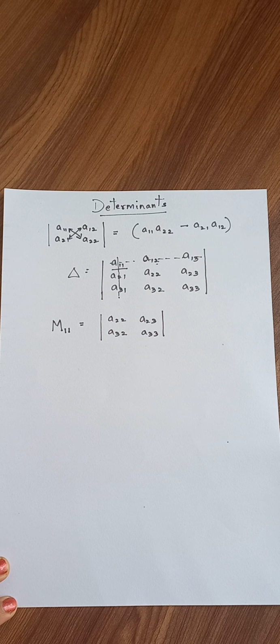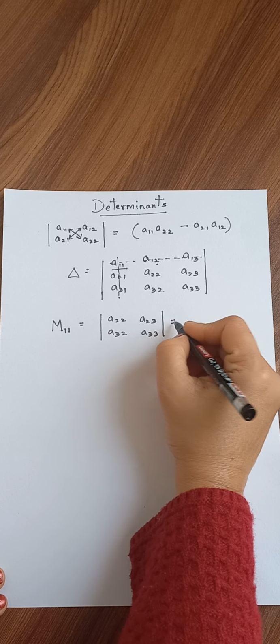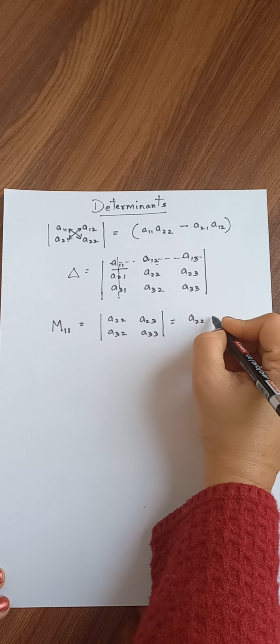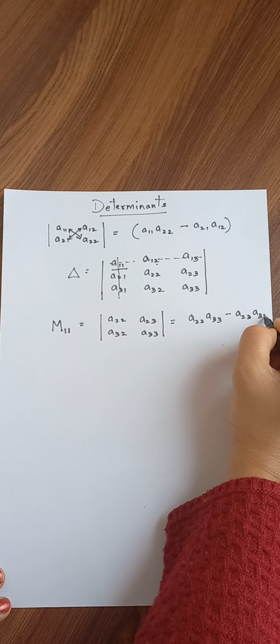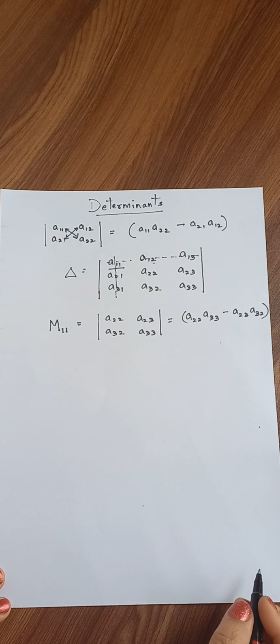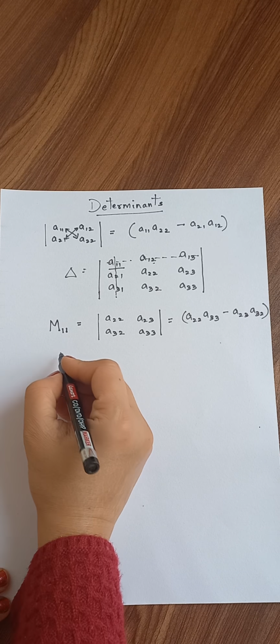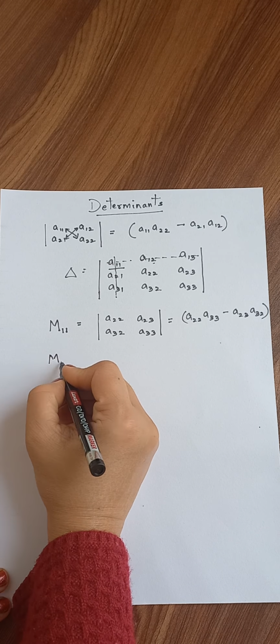Like this. And you already know that for a determinant of order 2 cross 2, we just cross multiply and then subtract. This will be your answer, the minor M11. Similarly, to find the minor M12, again you remove the row and column in which that element occurs.